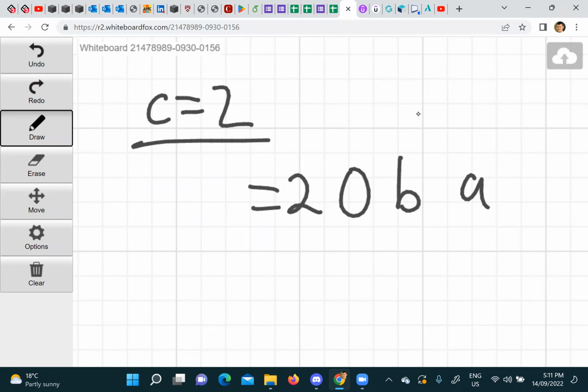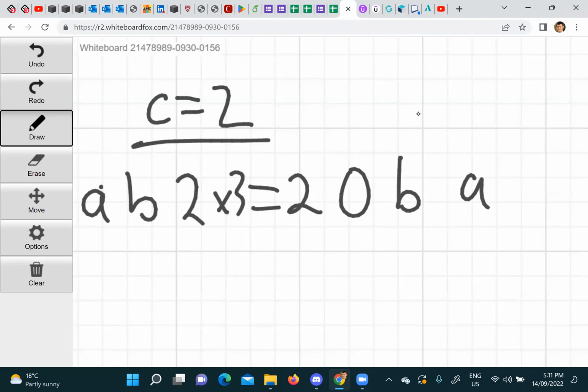So this is AB times 3. So 2 has to be at the end. So there's still a lot of possibilities.